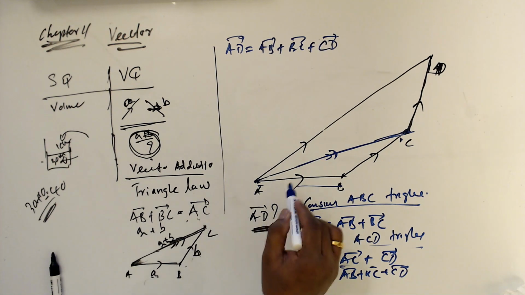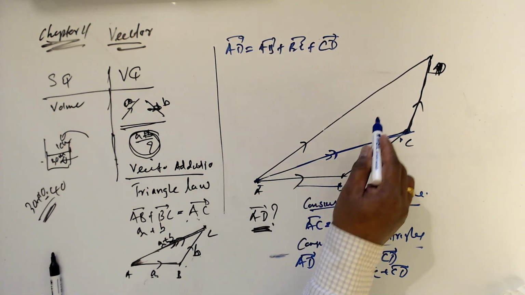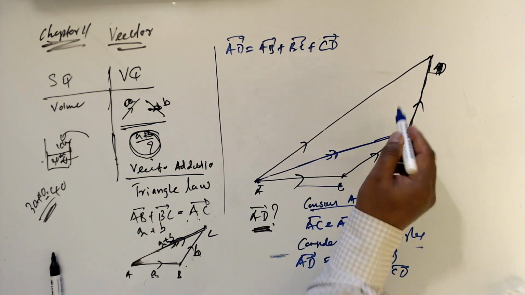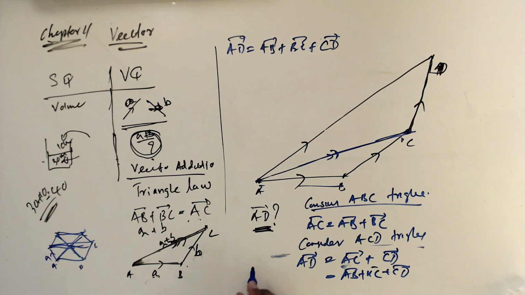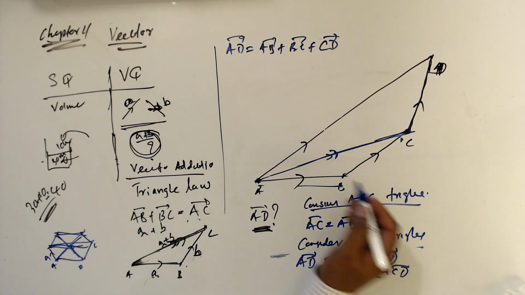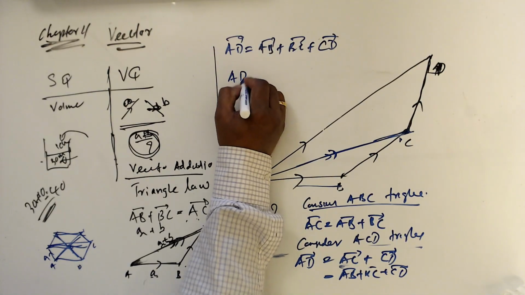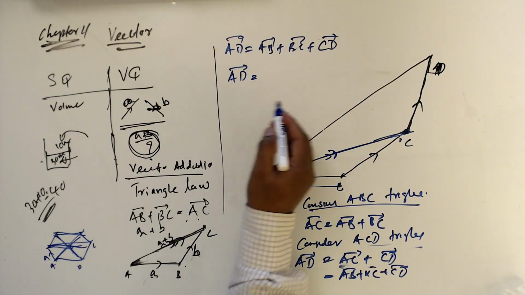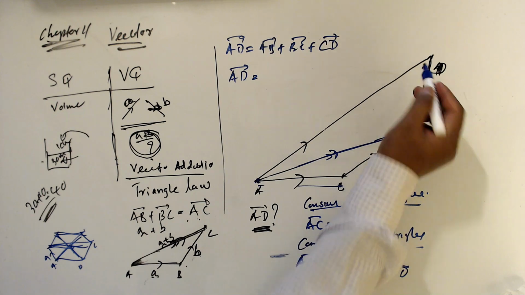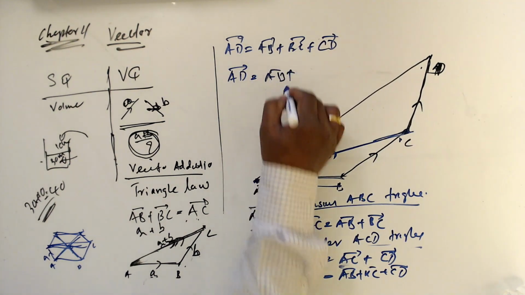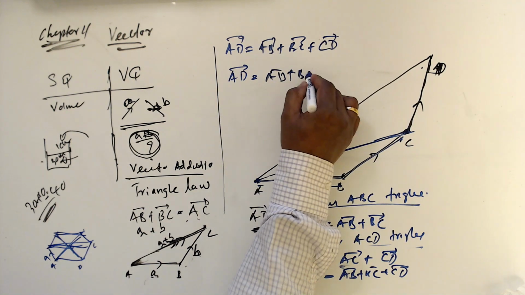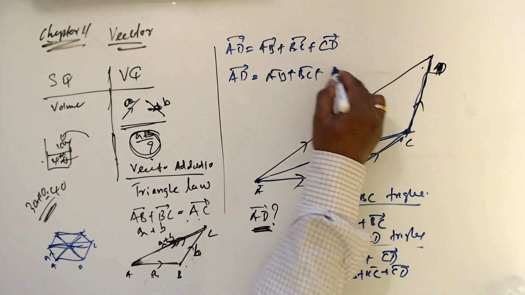To apply triangle law, I need triangles. So I create triangles and I did. The other way to think: if you want to go from A to D, you can go to AB first, then BC, and then CD.